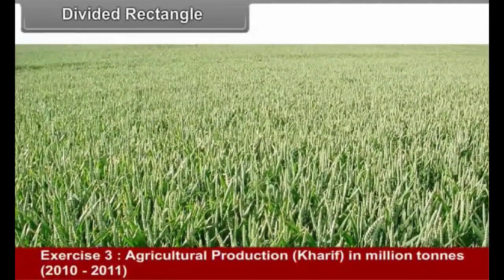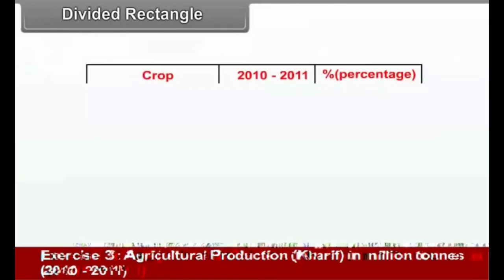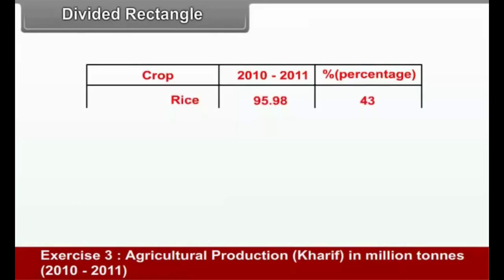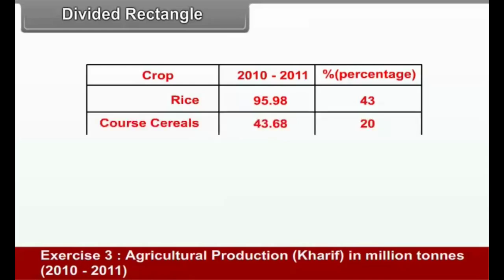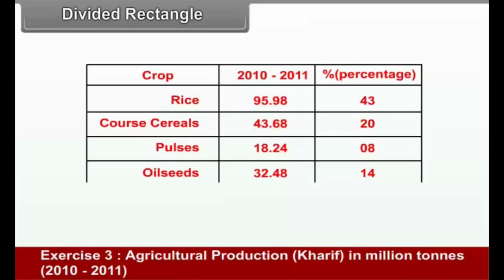Exercise 3. Agricultural production. Kharif in million tons, 2010 to 2011. Crops, 2010 to 2011 in percentage. Rice, 95.98, 43%. Coarse cereals, 43.68, 20%. Pulses, 18.24, 8%. Oilseeds, 32.48, 14%.